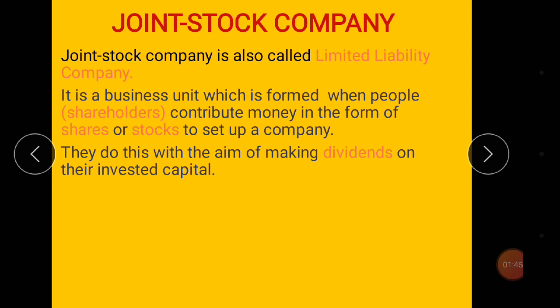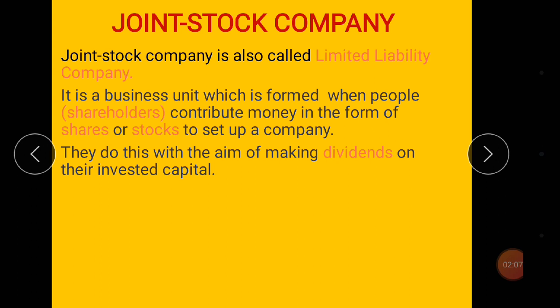Joint stock company is also called limited liability company. It is a business unit which is formed when people, who are referred to as shareholders, contribute money, in the form of shares or stocks, to set up a company.